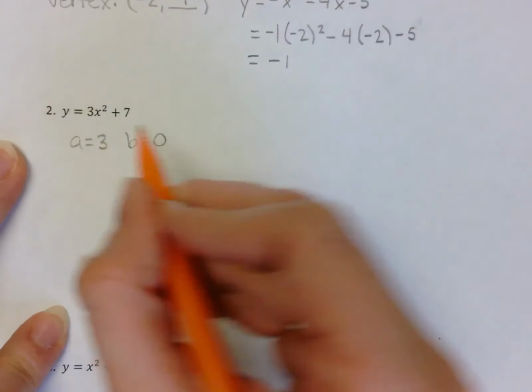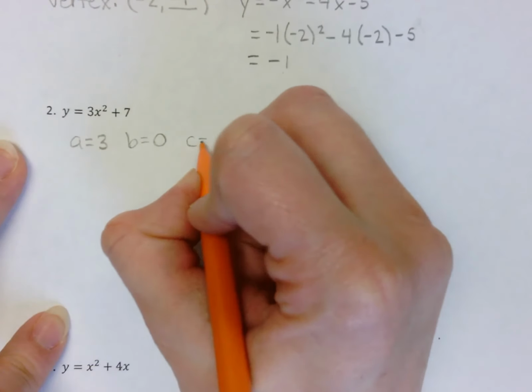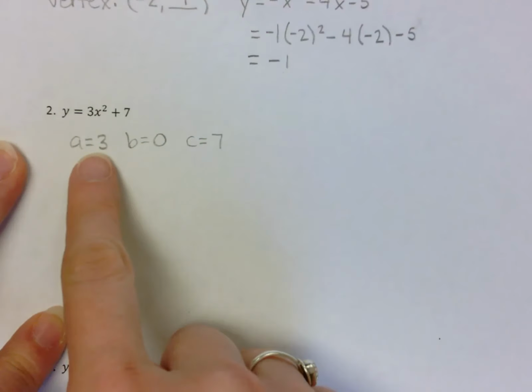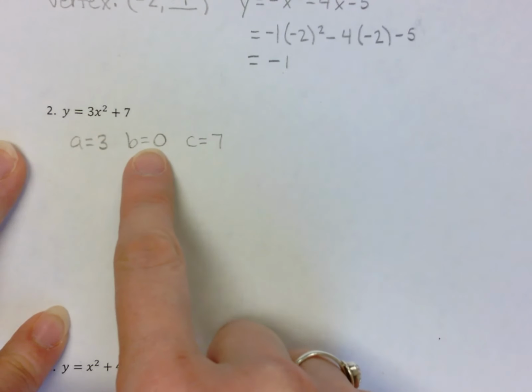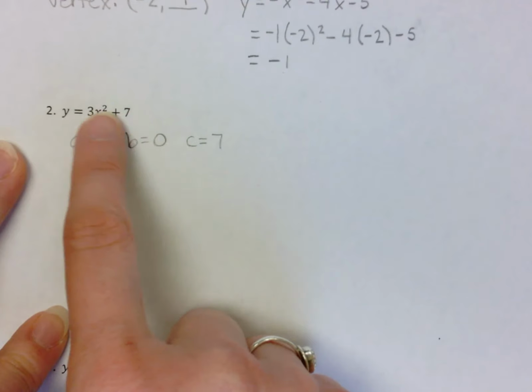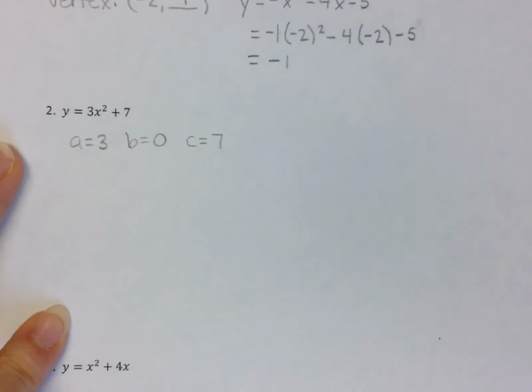And finally, our c is the constant, so it is 7. If you were to name a as 3 and b as any other number other than 0, you would miss this problem. Be very careful to name ax squared plus bx plus c correctly when naming your a, b, and c.